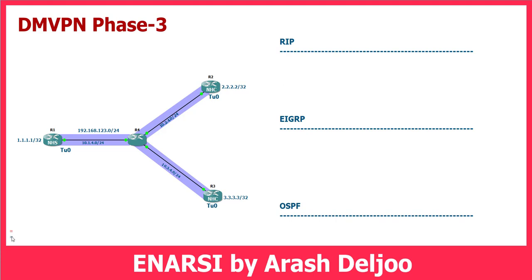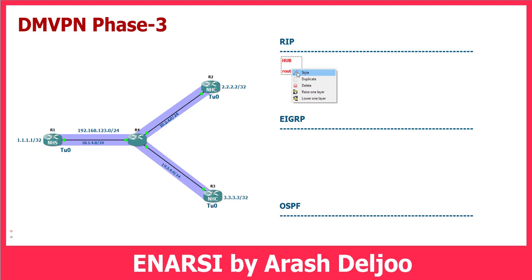First, I'm going to start with RIP. For RIP in the NHS, meaning the DMVPN hub, we are using these commands. Look here, you have learned about it previously. In router config, here we should use router rip. Let me write here: router rip.